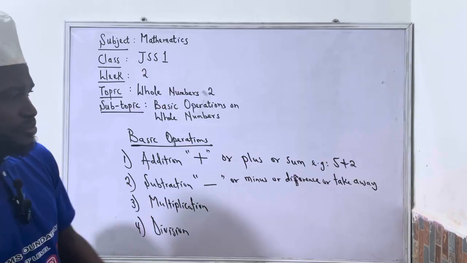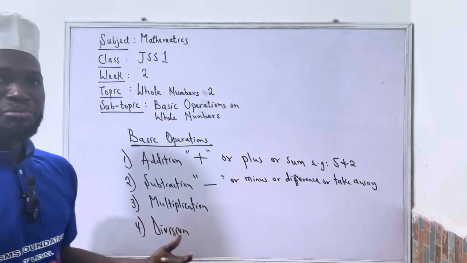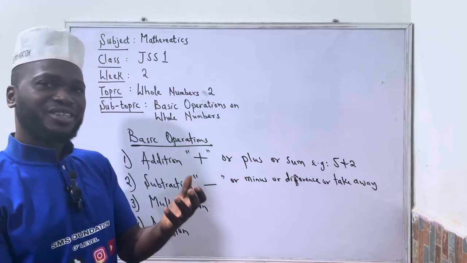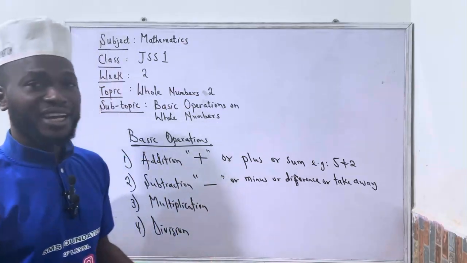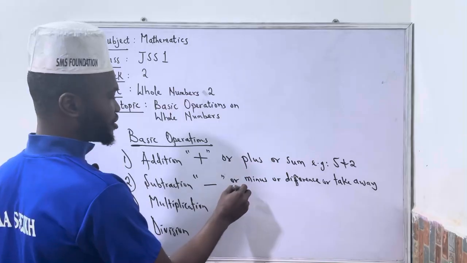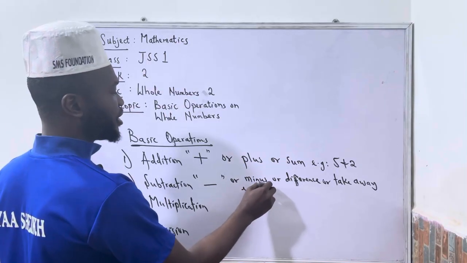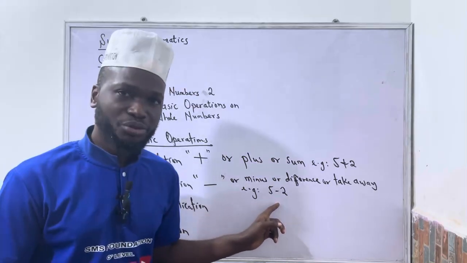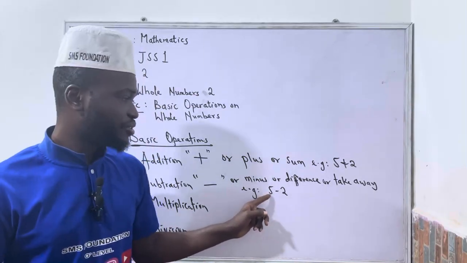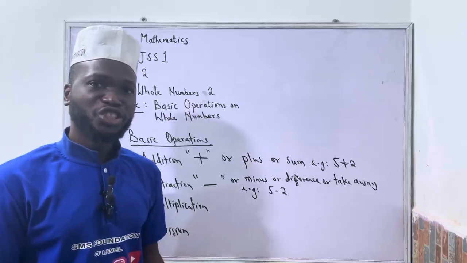Good. Now, what does subtraction mean? Subtraction is the process of reducing or decreasing a number by another number. For example, if I say 5 minus 2, this simply means I want to reduce 5 by a unit of 2.